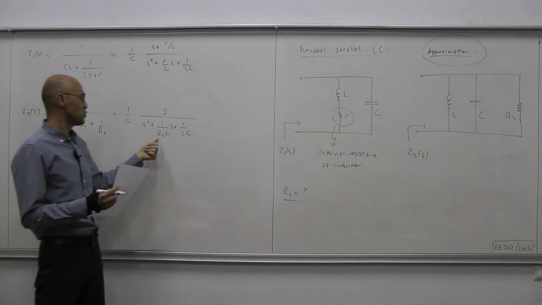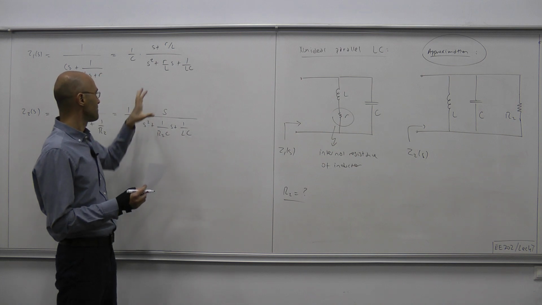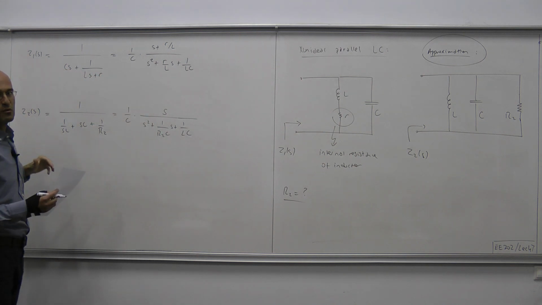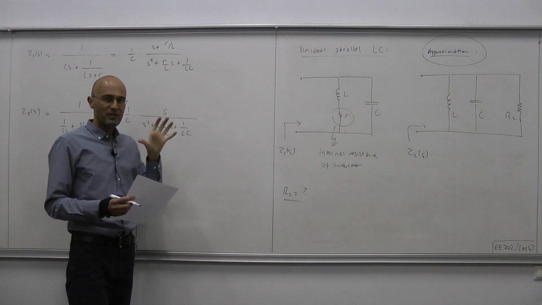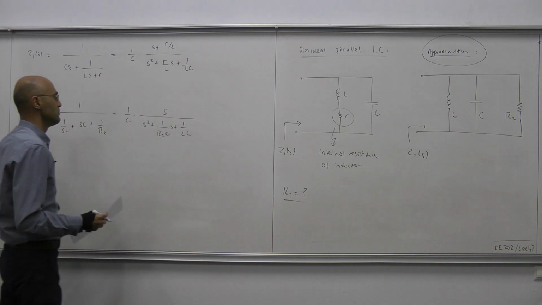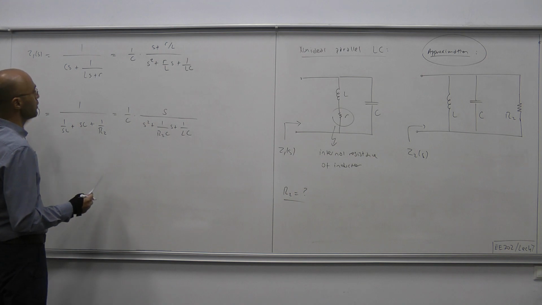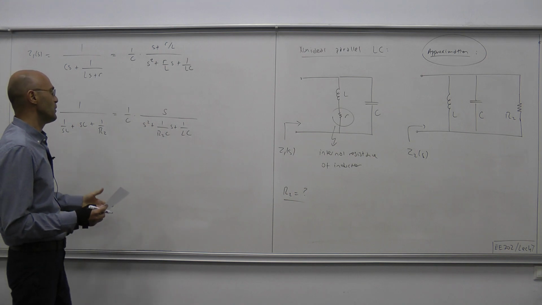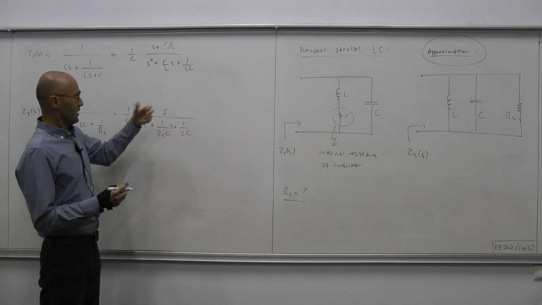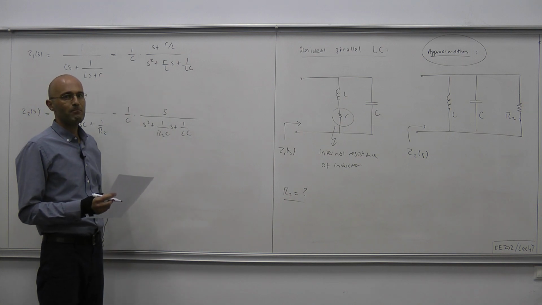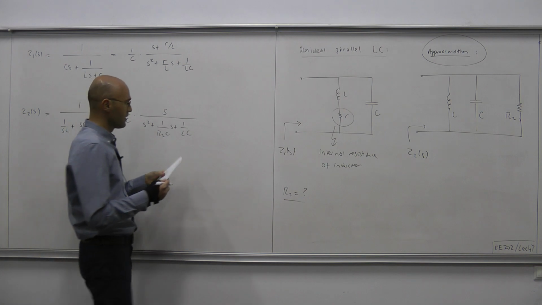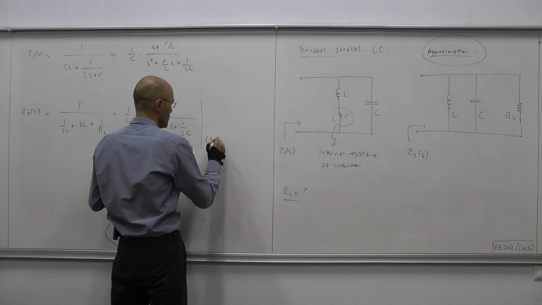Note that by choosing just R2, we cannot make Z2 exactly equal Z1. It's not possible to obtain exact equality, but let's try to make Z2 as close to Z1 as possible. One way to do that seems to be to choose R2 so that they both have the same denominator.